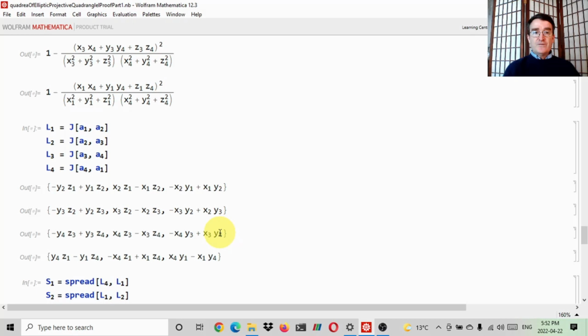Now we have the quadrances and spreads in terms of the projective points A1, A2, A3, A4, which are points in terms of x1, y1, and z1, x2, y2, and z2, and so forth. So we're going to substitute those values in here. We're going to factor that.